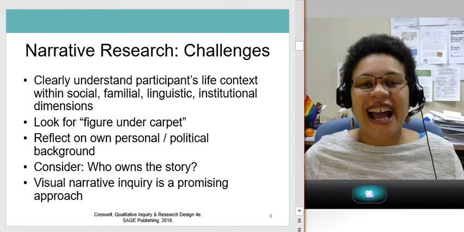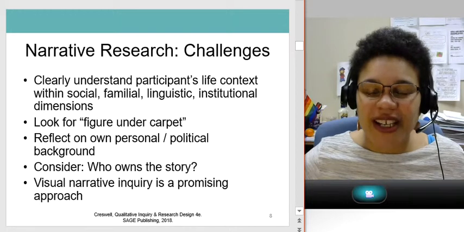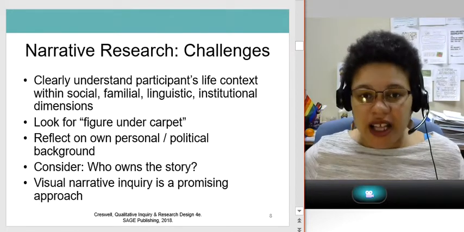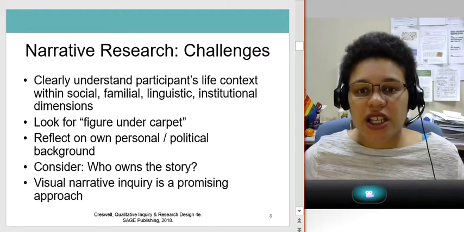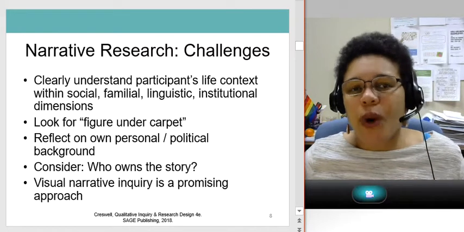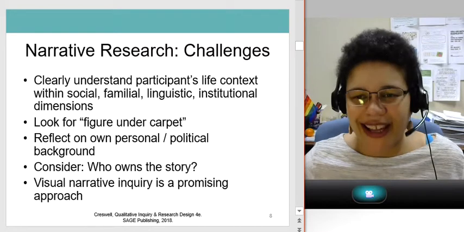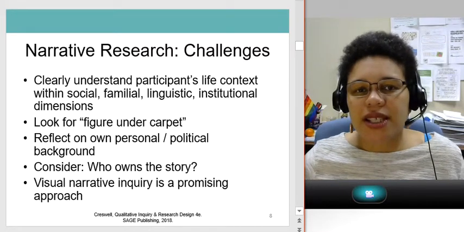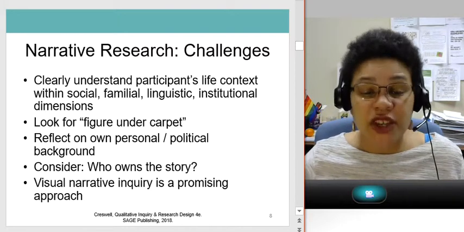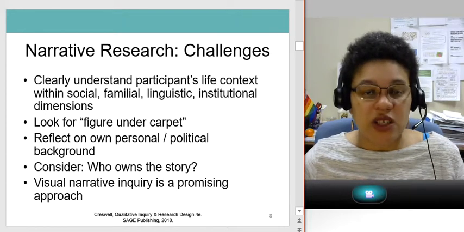And so, unless you're doing narrative research using a family member as your participant, you need to do some work to understand the context. In a way, you're looking for the figure under the carpet. Okay, so you're looking for what's not obvious, what may be hidden, and you need to reflect on your own personal and political background as well.